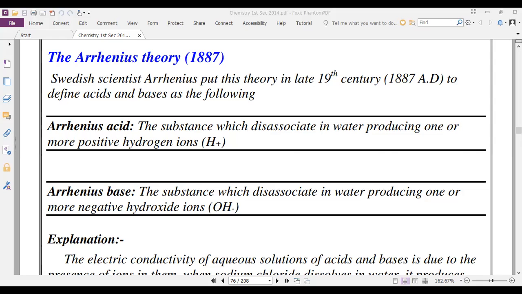Arrhenius base, the substance which dissociates in water producing one or more negative hydroxide ions. So that is the difference between them. Any problem now? No. It's okay. So let's complete.